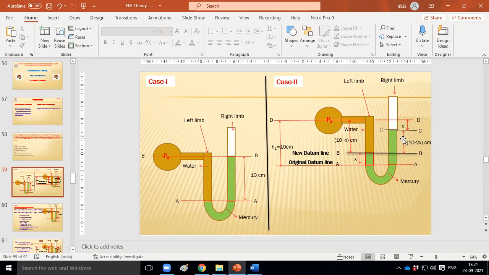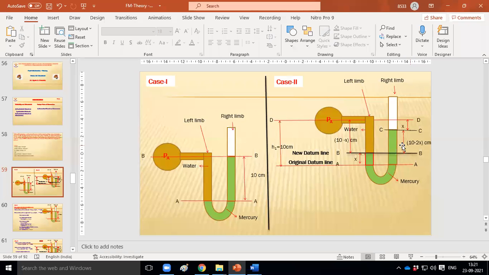10 minus 2x. And this 10 minus 2x represents what? The level difference of mercury in the manometer. As far as the left side, case 1, what is the level difference of mercury? 10. 10 is the level difference of mercury as far as part 1, case 1.